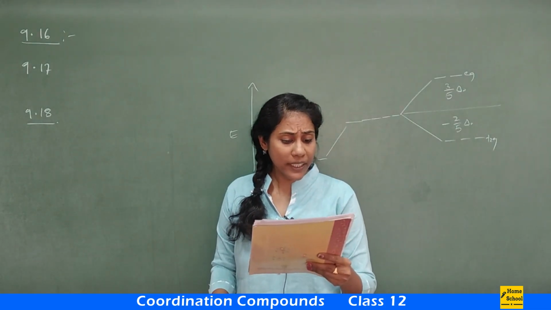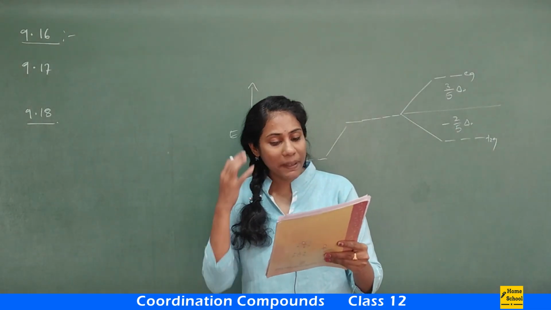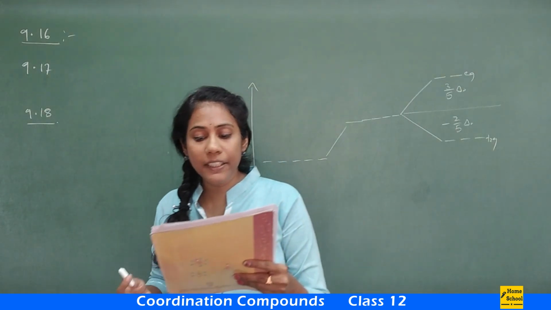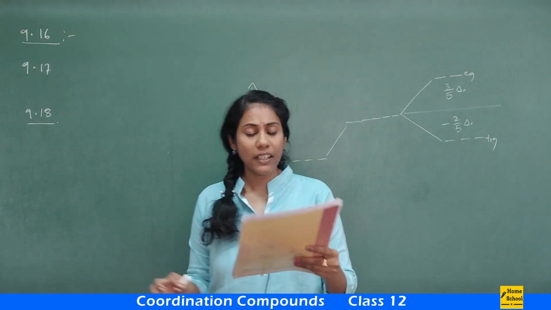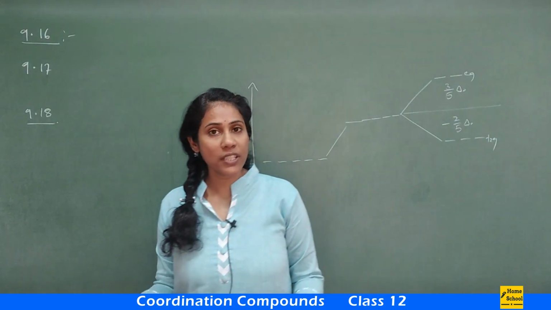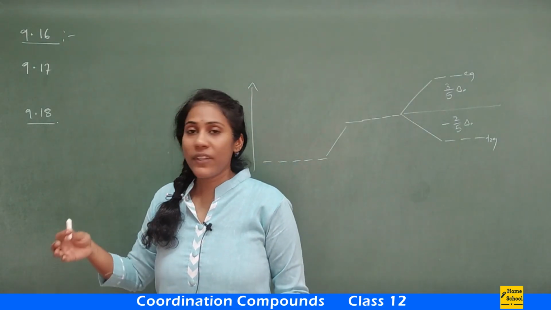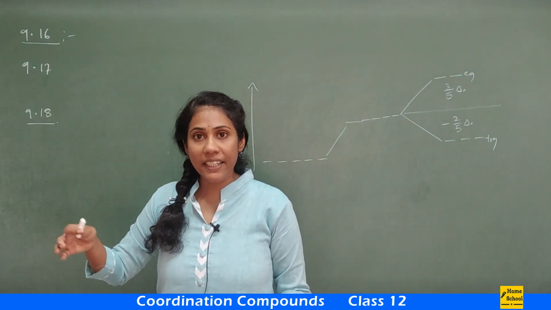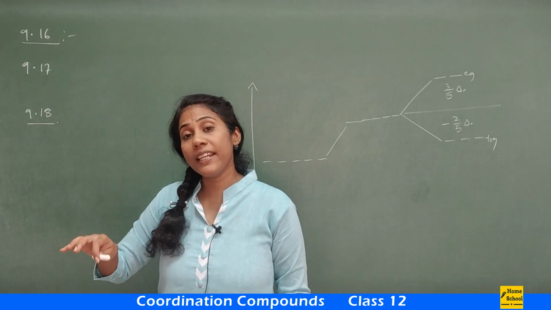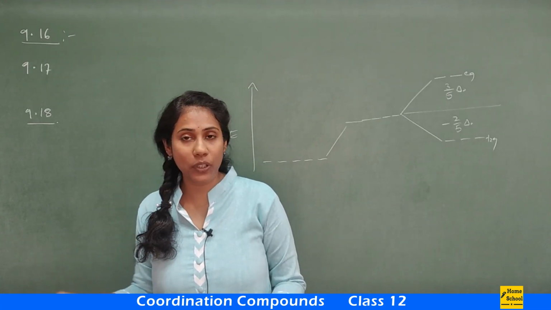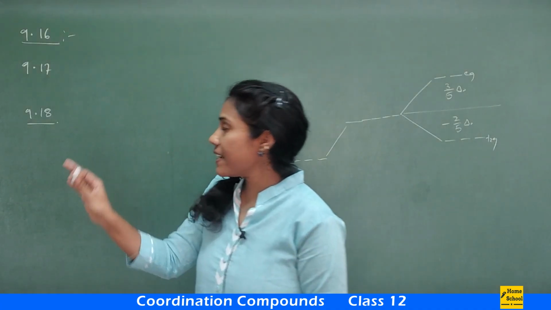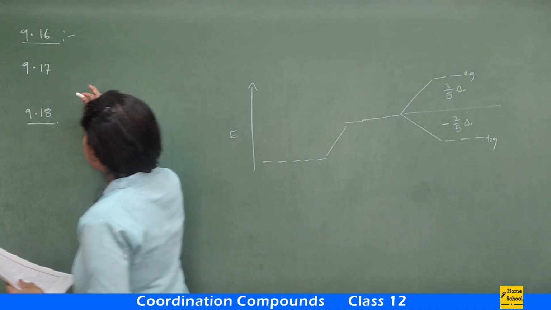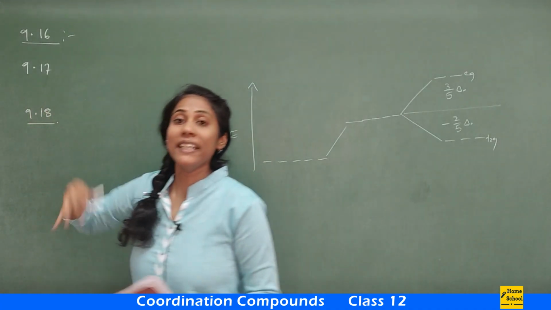Next, 9.17. What is the spectrochemical series? Explain the difference between a weak field ligand and a strong field ligand. The spectrochemical series definition is given in the handwritten notes. It's very simple: ligands arranged in the increasing order of their field strength is called the spectrochemical series. On what basis are they categorized as weak and strong? On the basis of splitting capacity.